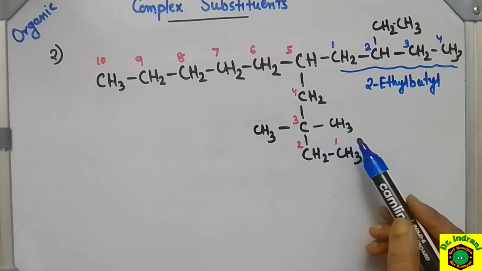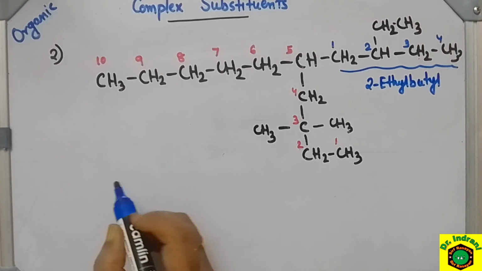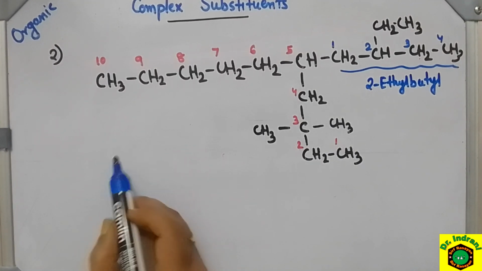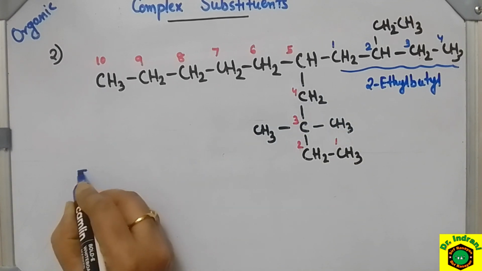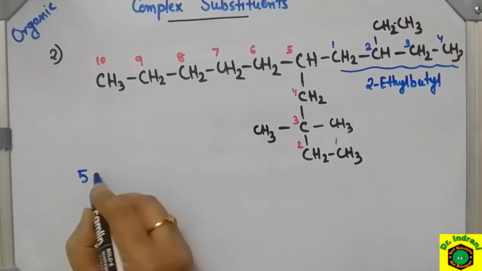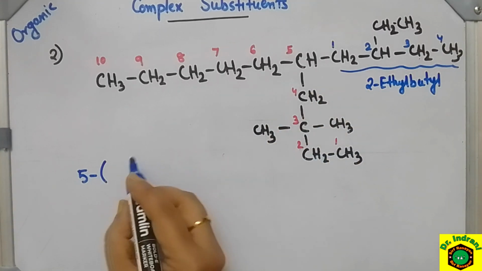So the name of this substituent is this one. And this is methyl. So these are methyl groups. So what will be the IUPAC name? At 5 position this group is there. So the IUPAC name of the compound will be 5 hyphen, this one in brackets we have to write.